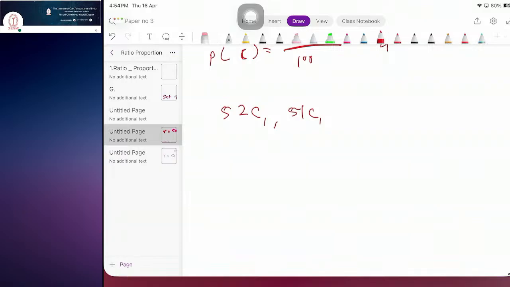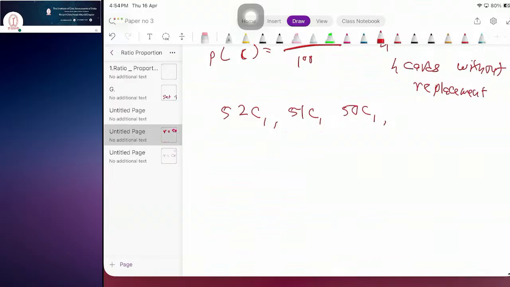Out of 51 cards, you are drawing the second card. The third time, out of 50 you are drawing one card, and in the last, we have to draw the 4 cards without replacement. That is our concept.